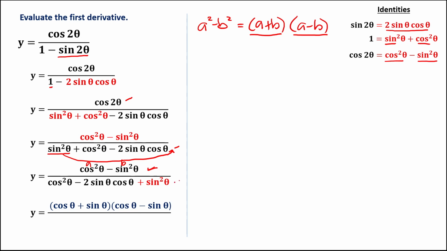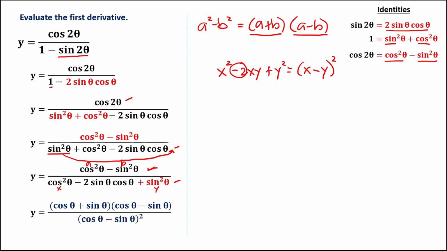Then for this denominator, if we have x squared minus 2xy plus y squared, this one is a perfect square, and this is equal to x minus y quantity squared, since the middle term is minus. So this one is x, and this is y.